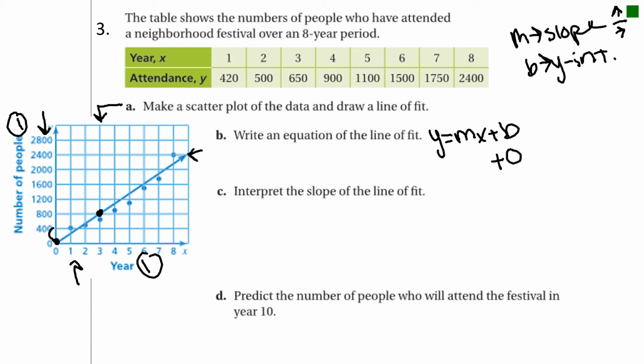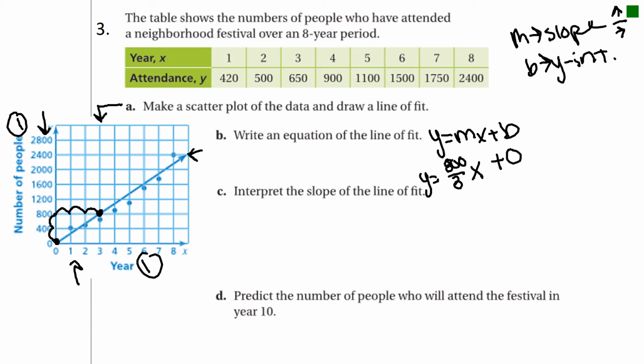It goes up 1, 2, 400s. So 400, 800, and it runs 1, 2, 3. Runs 3x.